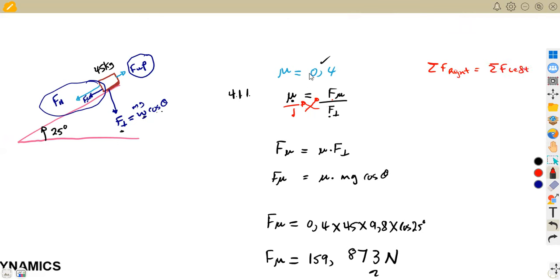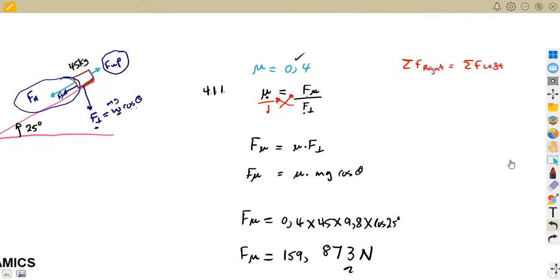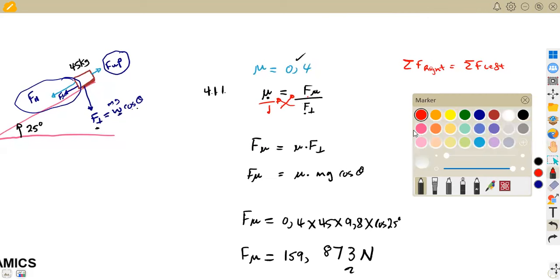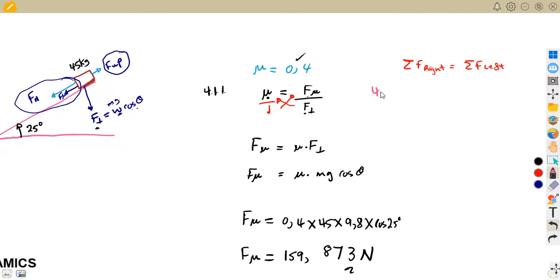Adding up everything to the right, everything to the left must be equal, or simply the sum of forces at the point should give us 0. So we can conclude that our F up is going to be the sum of these two forces, which are opposing in the other direction. So you add them together. We add the frictional force we obtained, and we also need the parallel component.